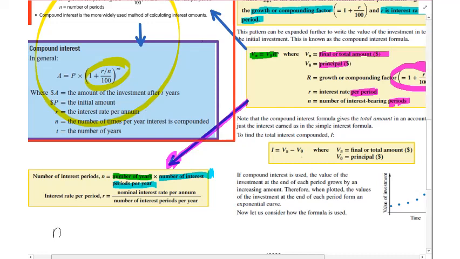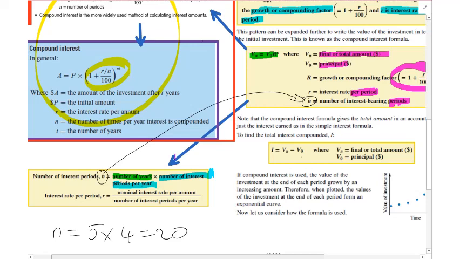If I said n and I said 5 years, that means I type 5, and the number of interest periods per year, if I said quarterly, that means 4. So the number of interest periods is actually 20. And that's what you're using for n. So this n here matches that n there. It's important to really take note of that.